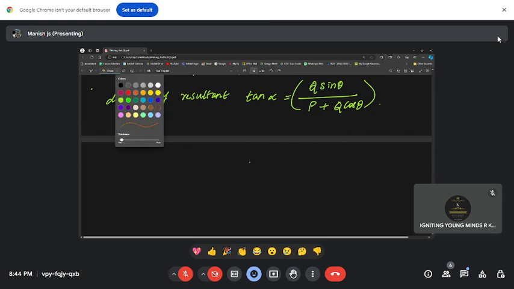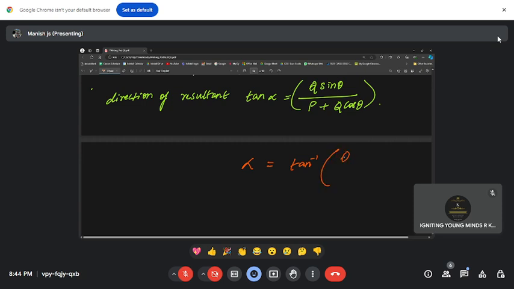So generally it is alpha. So when you take alpha, alpha is tan inverse. It gives you the direction of resultant as tan inverse of Q sine theta upon P plus Q cos theta, if P and Q are adjacent sides.